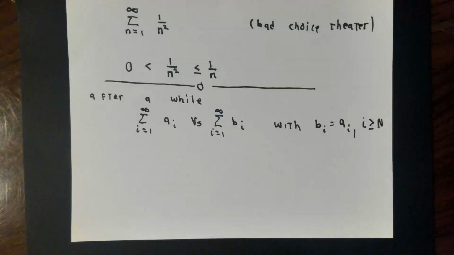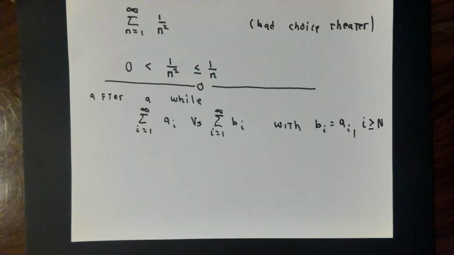This is a good place to mention the after a while effect. The hypothesis for the direct comparison test says that there's a certain ordering between the terms of the two series, and that ordering should always be true for all relevant indexes.